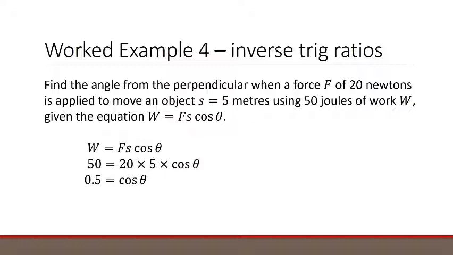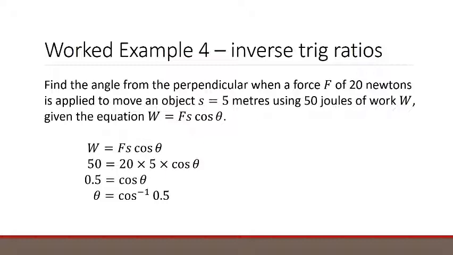Now we need to find theta, so we need to do the inverse operation or the inverse function to get theta all by itself. So we need to write it as theta equals cos to the -1, which means it's the inverse cos of 0.5, and that will find the angle theta.